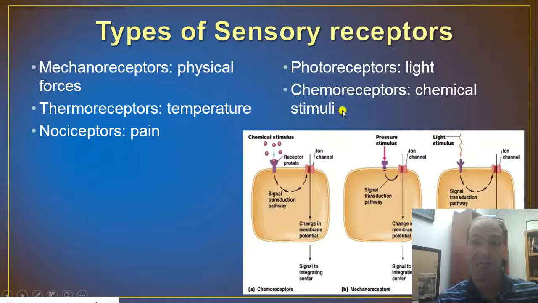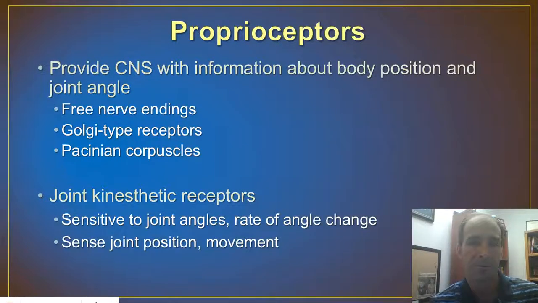This may cause an increase in breathing if pH is dropping, because we need to get rid of CO2, which is a byproduct of those hydrogen ions being produced. Photoreceptors, it might be altering the lens shape, maybe closing our eyes, using the muscles around our eyes to do that, or moving eyes. So there will be responses to these various types of input.